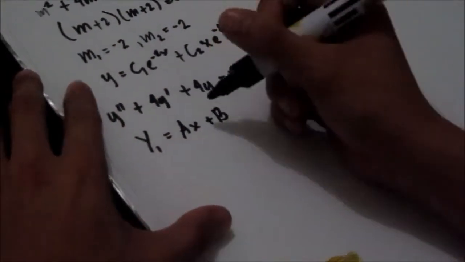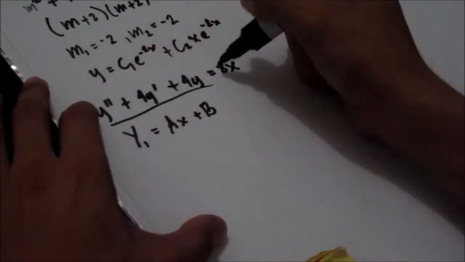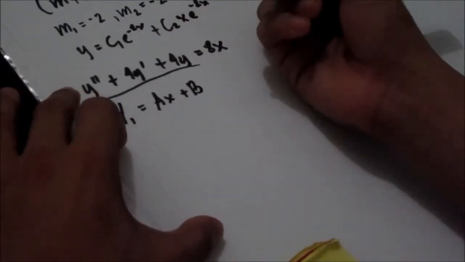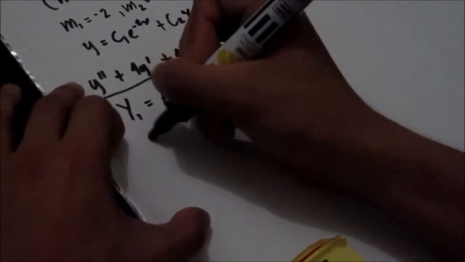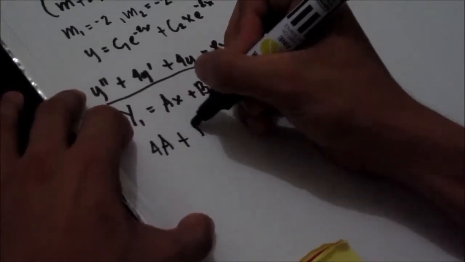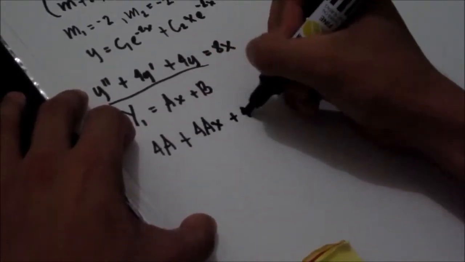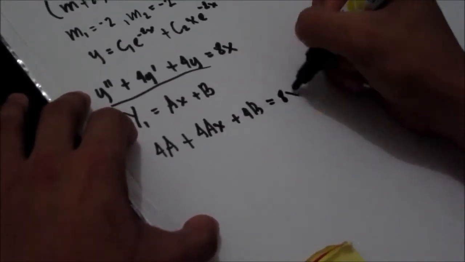Then we shall substitute y1 into the equation. So we will get 4a + 4ax + 4b = 8x.